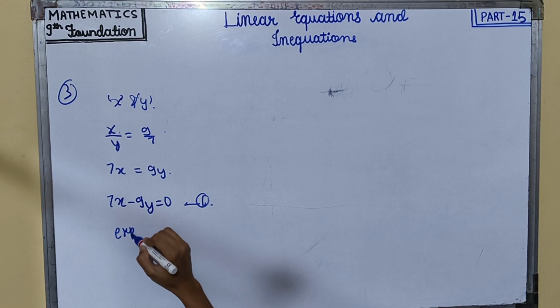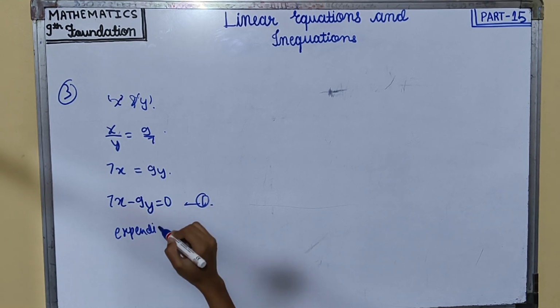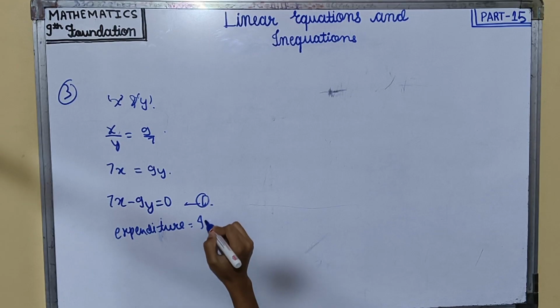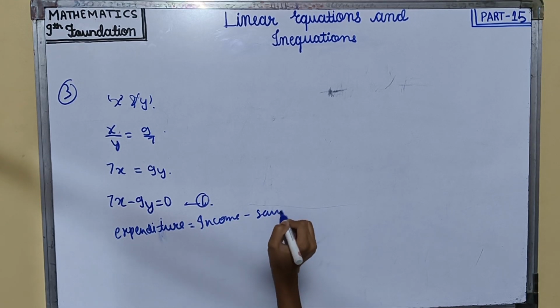Expenditure is equal to income minus savings.